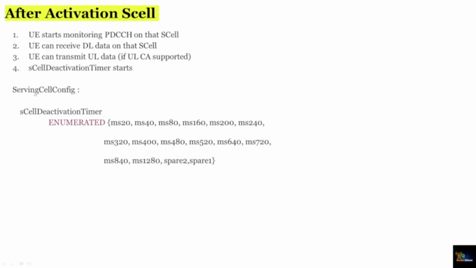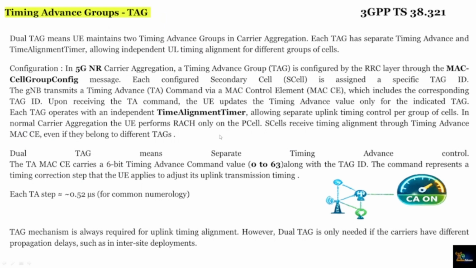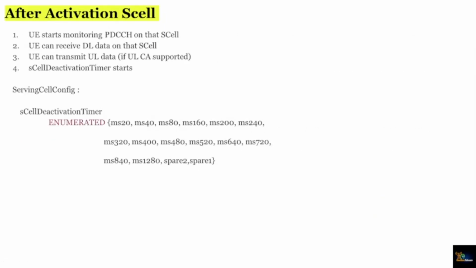It's an enumerated timer with values such as 40, 20, 80, 160. So when no data is received on the SCell, it will be deactivated.